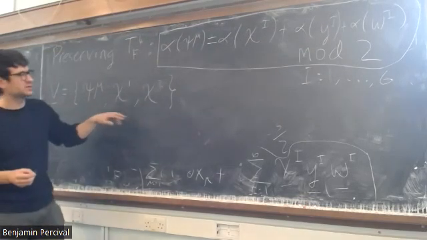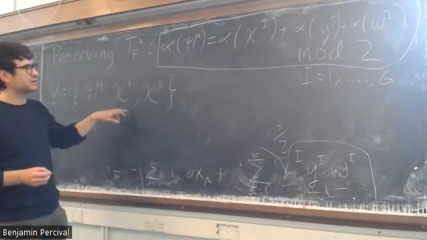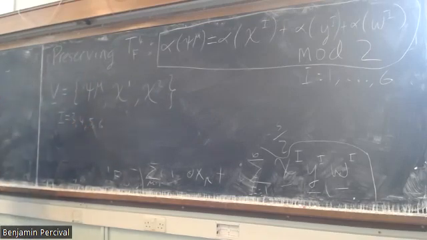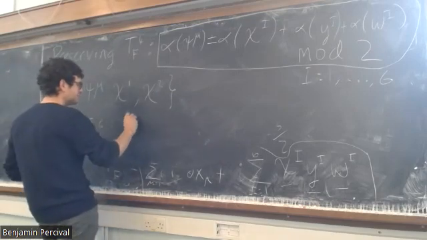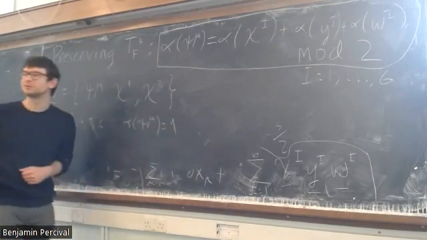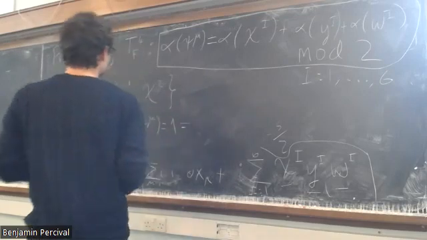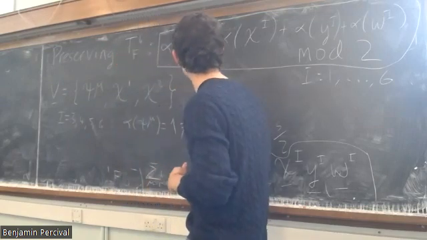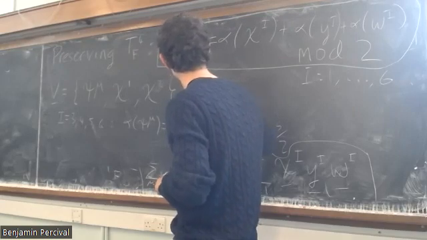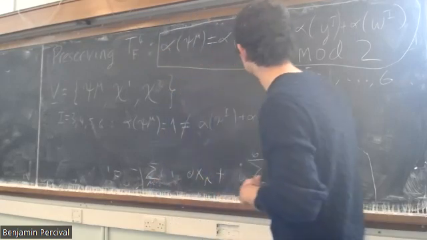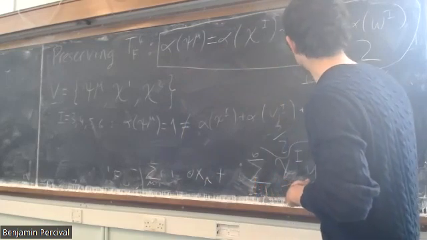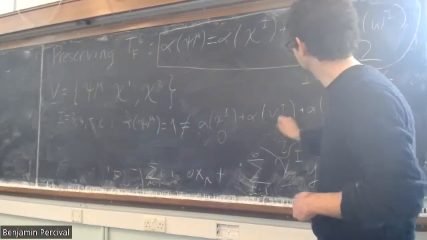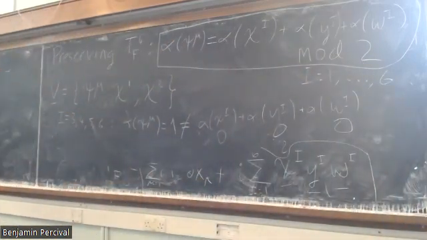So this would violate the supercurrent condition because for i equals 3, 4, 5, and 6, psi mu is obviously equal to 1 because it's in the vector, and then does not equal alpha chi i plus alpha y i plus alpha w i, because this is 0, this is 0, and this is 0. So it's 1 equals 0, which is not true. Okay?